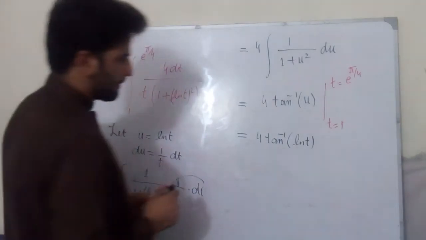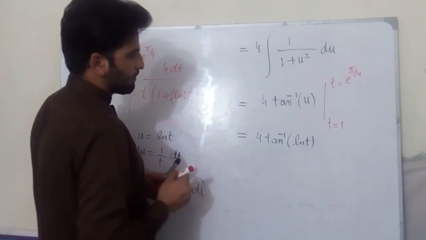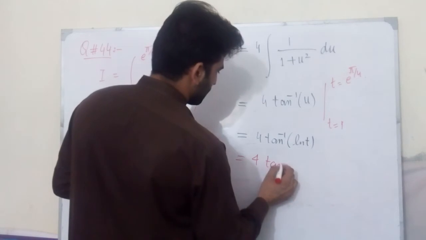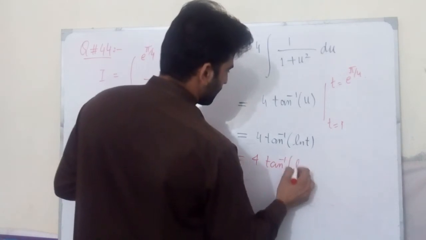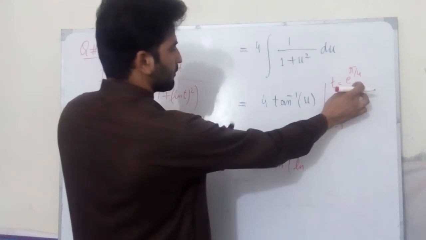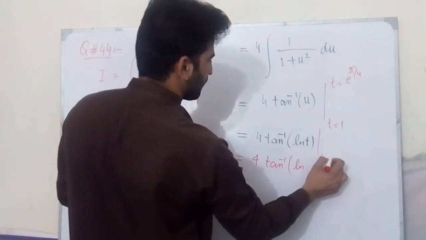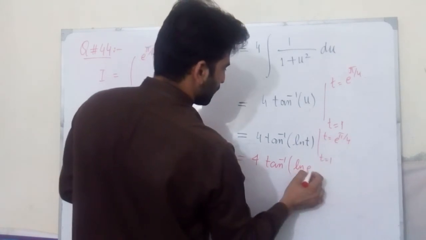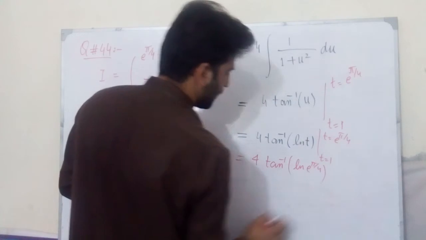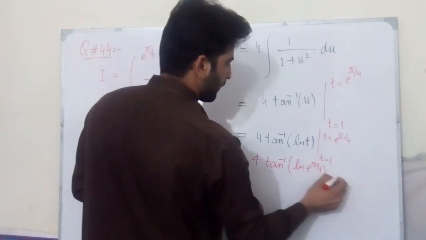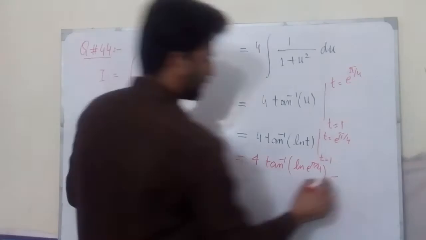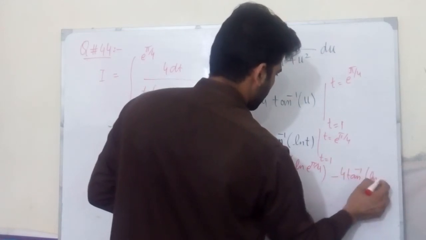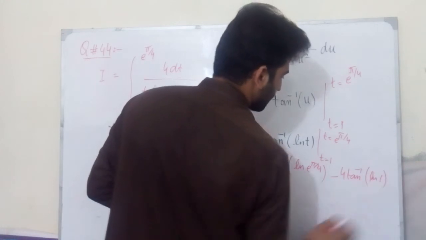So this will be equal to 4 tangent inverse natural log of t, with t from 1 to e power pi by 4. So 4 tangent inverse natural log of e power pi by 4 minus 4 tangent inverse natural log of 1.